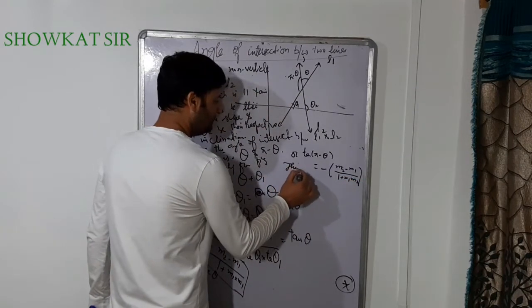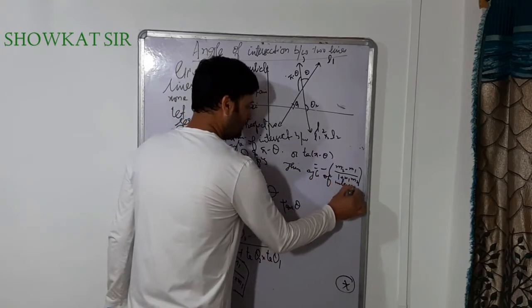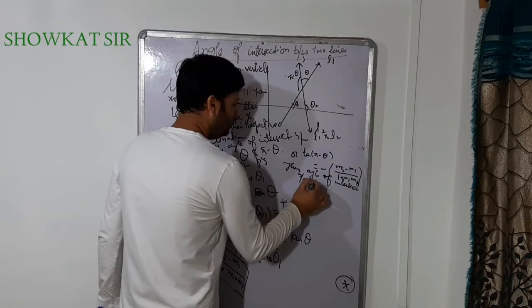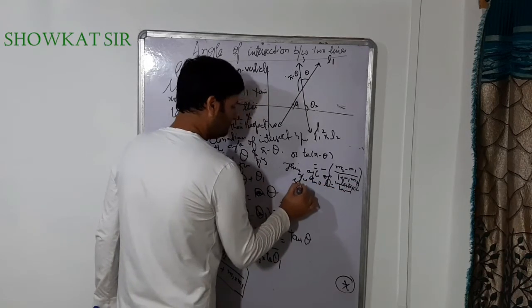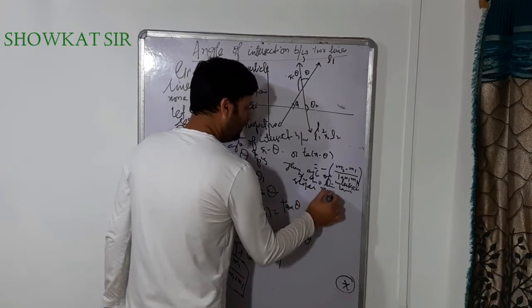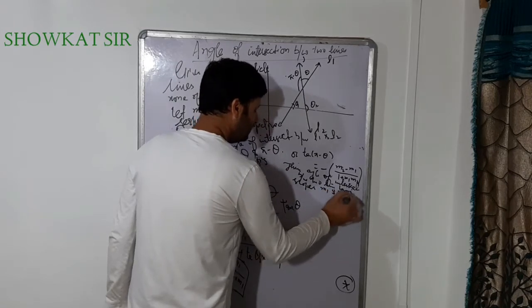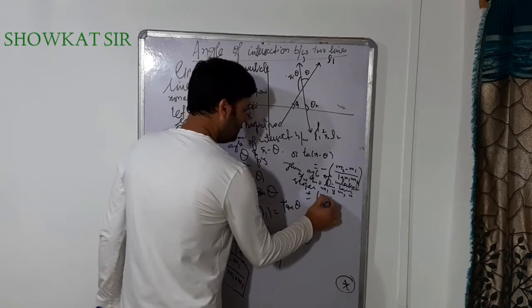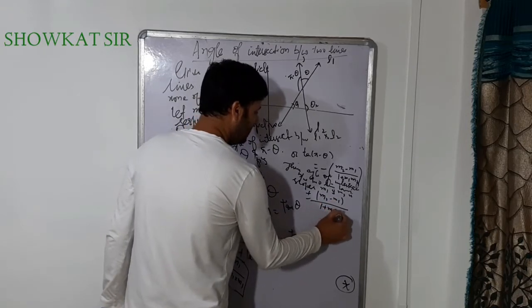Thus, the angle of intersection between two lines having slopes M1 and M2 is plus minus M2 minus M1 divided by 1 plus M1 M2.